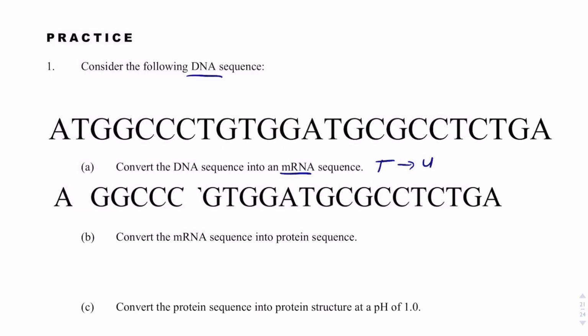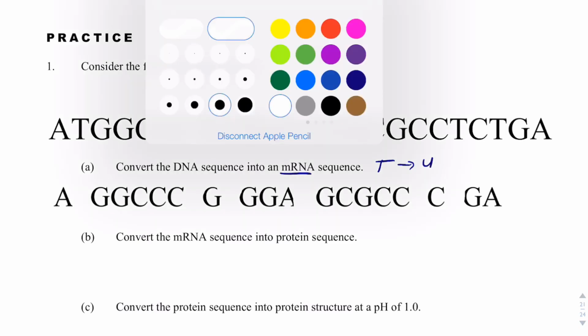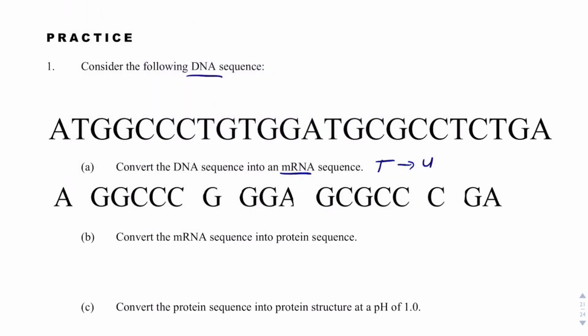This T is gone, this T is gone, this T is gone, this T is gone, this T is gone, and this T is gone. And my T's are swapped with U's.